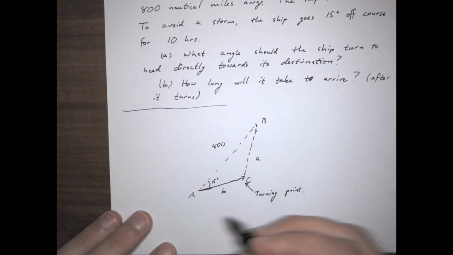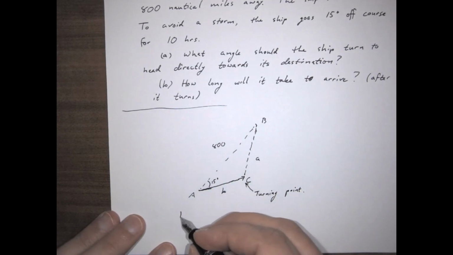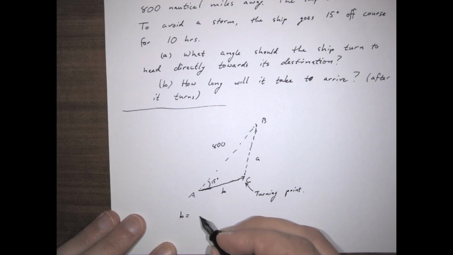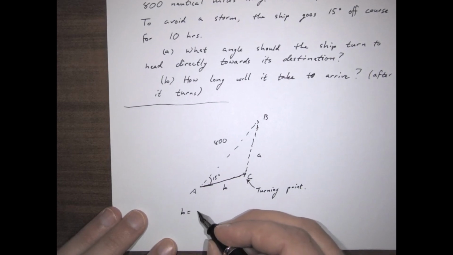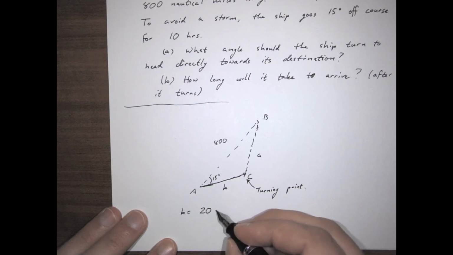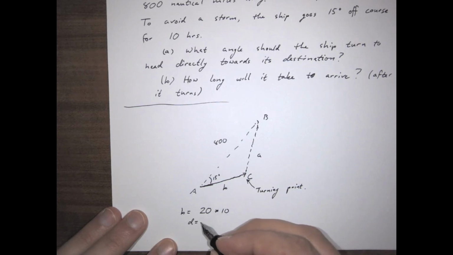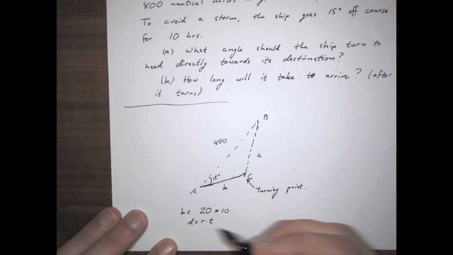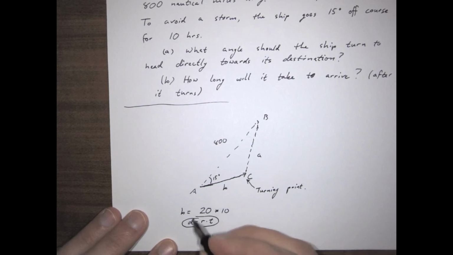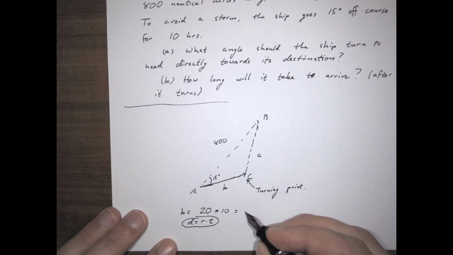Okay, so first off, B is equal to its speed times its time. So that's 20 knots times the 10 hours. So that's distance equals rate times time. Okay, so that's easy, 200.